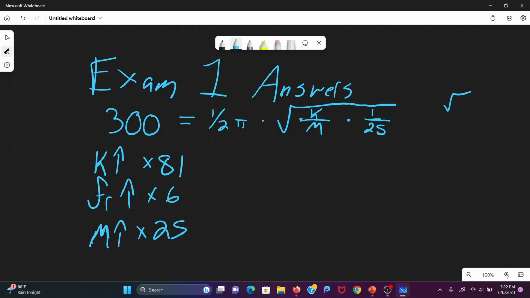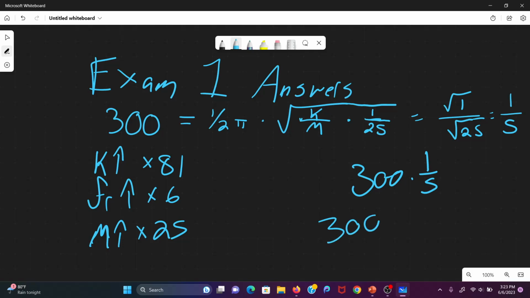But if you're going to do the square root of 1 and the square root of 25, then the square root of 1 is 1, and the square root of 25 is 5. So you've got 1 over 5 is what you're multiplying by. The other way that you could say 300 times 1 over 5 is 300 over 5. And that's equal to 60.